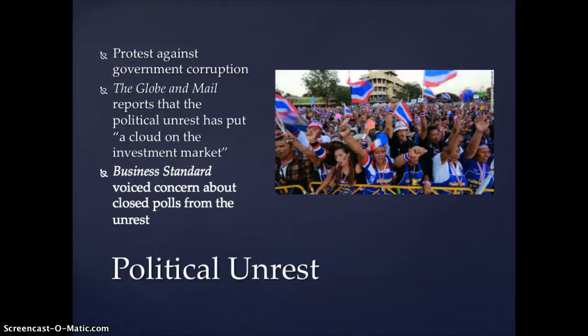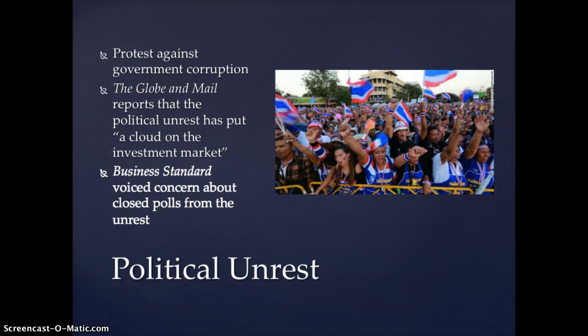The Globe and Mail reports that the political unrest and instability has put a cloud on the investment market and has caused foreign investors to withdraw. Interest cuts are being implemented, and a decrease in tourism, which is definitely hurting their economy.